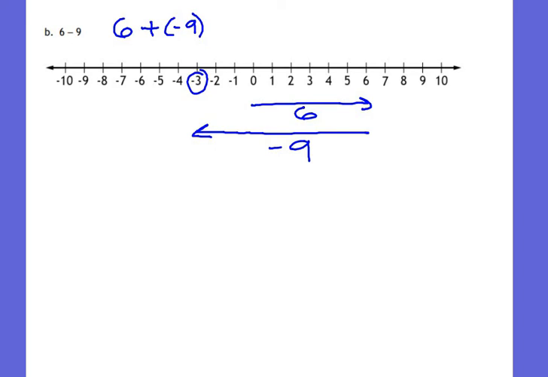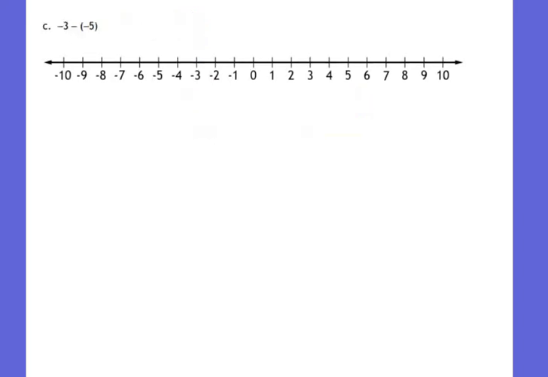Alrighty. Let's take a look at C. Negative 3 minus a negative 5. We always write the first number like we see it. Change to addition. Now I need to know the opposite of what number? Negative 5. So what is the opposite of negative 5? Positive 5.